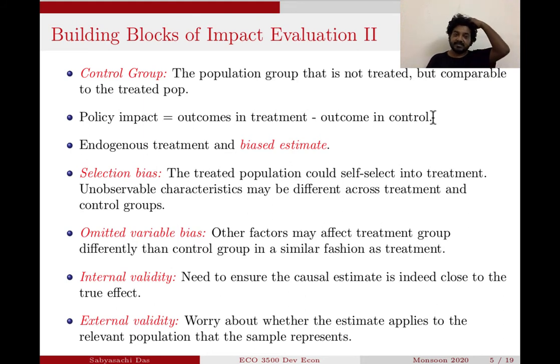Okay, so these are the two different concepts, and most of the talk today will be about internal validity, because that is what researchers have primarily been focused on, though now there are more and more concerned with external validity of those internally valid estimates. But for the bulk of the talk, I'll be talking about internally valid estimates, how to arrive at internally valid estimates.